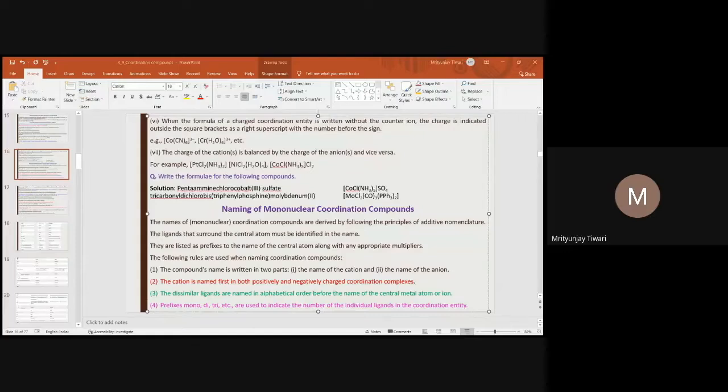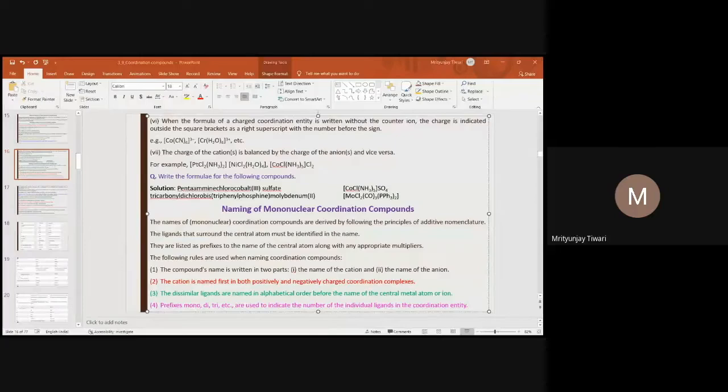Triphenylphosphine: phosphine is PH3, and if you replace all the hydrogens of phosphine with phenyl groups, written as Ph in shorthand notation, three Ph groups make PPh3, and so it is triphenylphosphine.